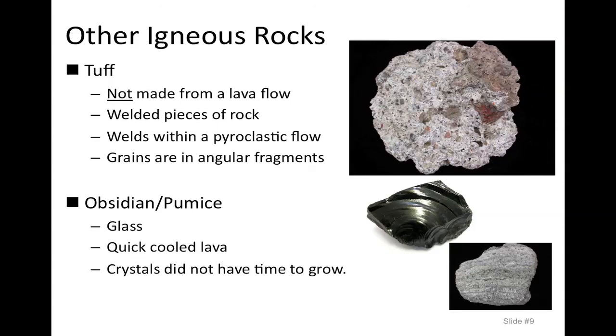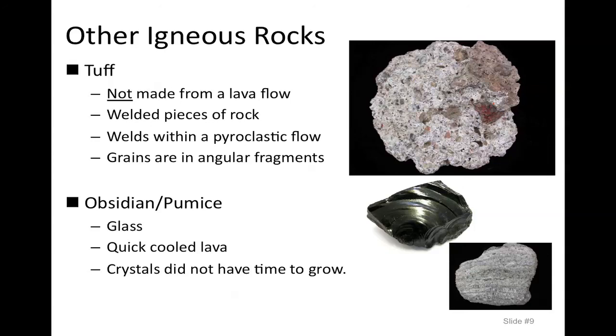It's pieces of rock that get welded together in that pyroclastic ash cloud, because that ash cloud is really, really hot and so violent that it's breaking pieces of rock up. What you end up with is a rock with welded together angular fragments. It's very unique looking in comparison to a rock crystallized from lava or magma at depth.